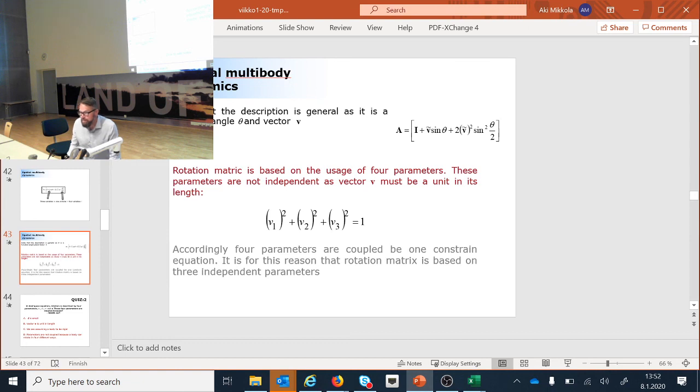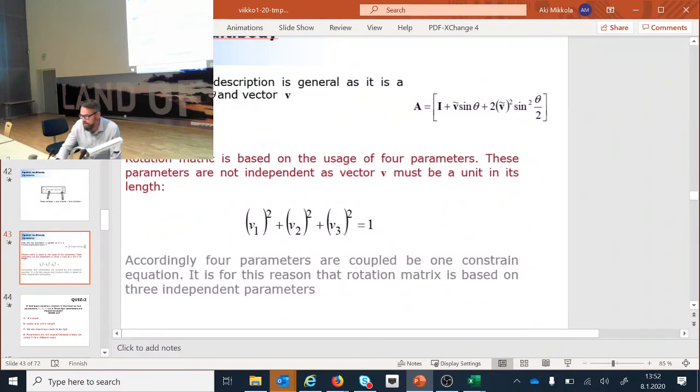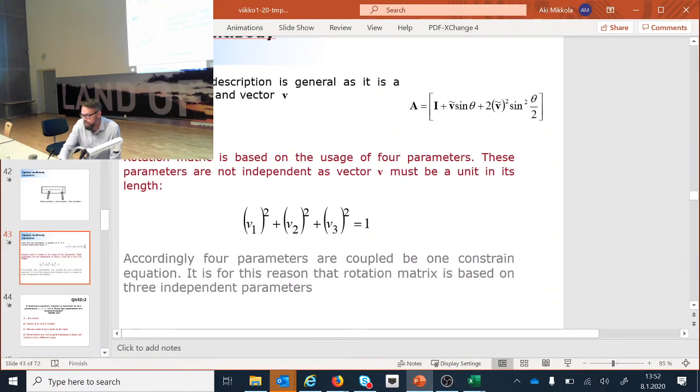so this is how it is related. This is my constraint equation, because remember I said that the vector V is unit in length. So it means that if I take the components of vector V and take them to the power of 2, the result has to be equal to 1. So that's my constraint equation. They are not free to have any values they want, but are constrained by this one constraint equation.